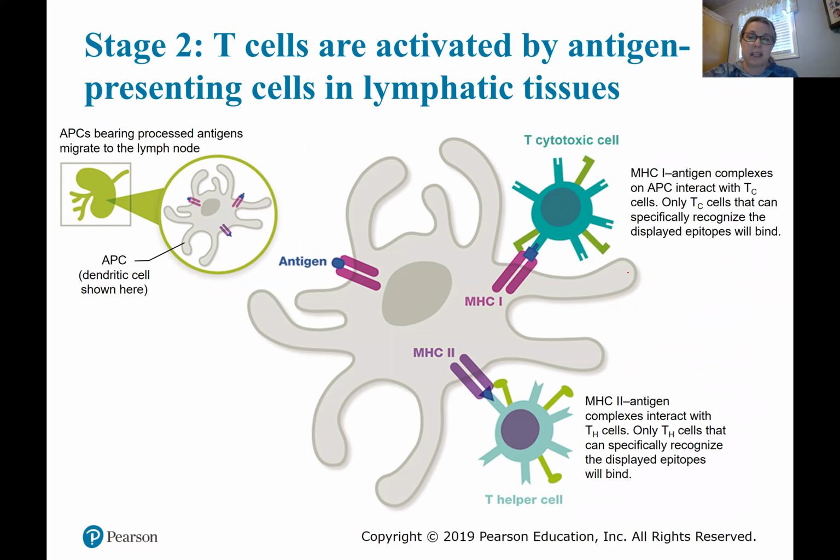Okay, so stage 1 with T cells, antigen presentation. Stage 2 is the T cell has to be activated. Okay, so you can see the cytotoxic T cell here is attached, the helper T cell here is attached. Okay, and this is on page 360. We're on stage 2, page 360, if you're following along in your book.